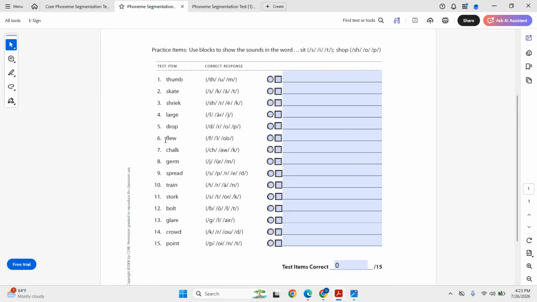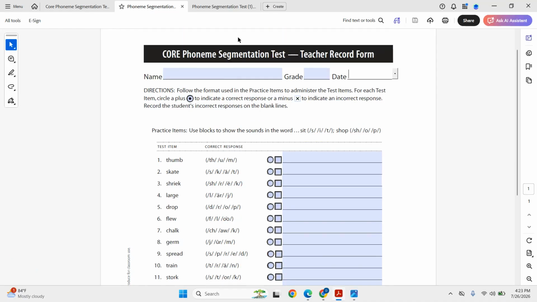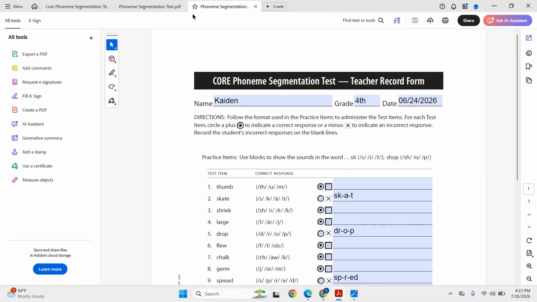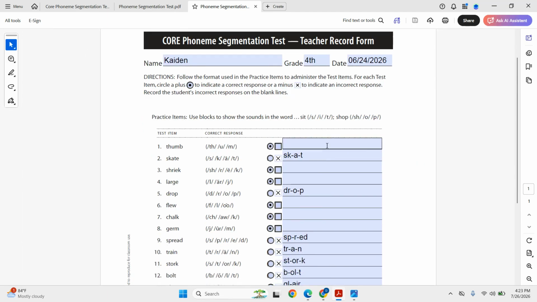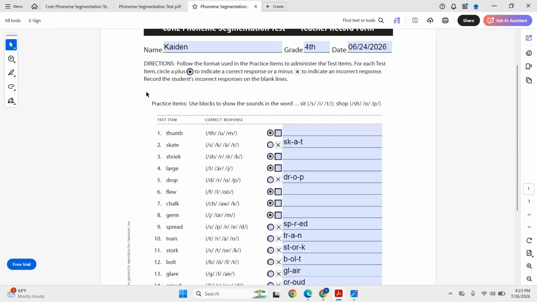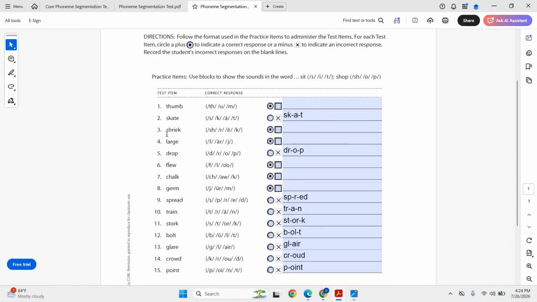All right, this is what your teacher form looks like. Now let's look at an assessment that was previously done. Again, we are still working with our student Kaden in 4th grade, and Kaden was given these test items.